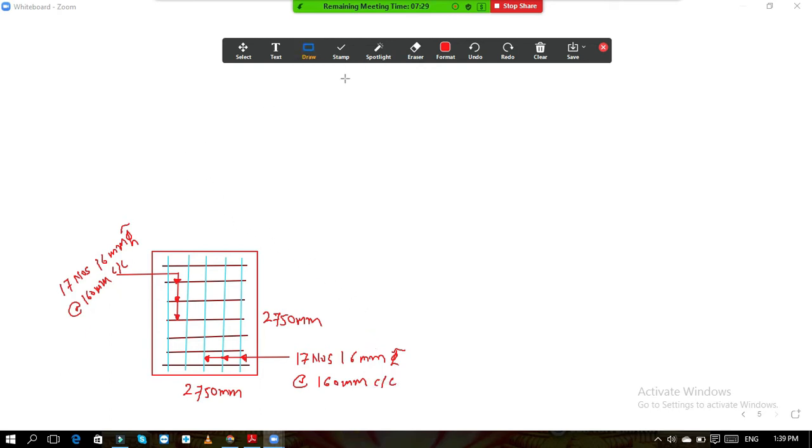Now we will draw the, what we can say, sectional elevation. If you take the section line from here and you look from this side, and you take the section line over somewhere here, then how does it look?